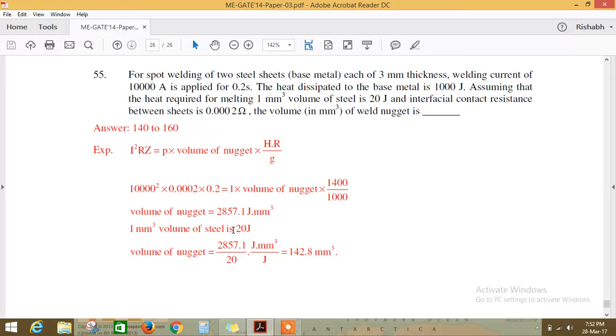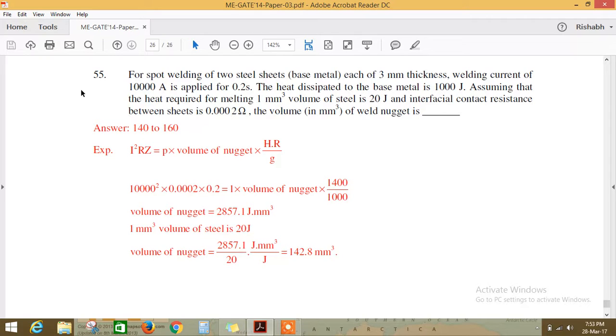Just revise the welding chapter. I need to see this question once again and I will explain what this HR is. So this is a very basic question and no need to get worried about it.